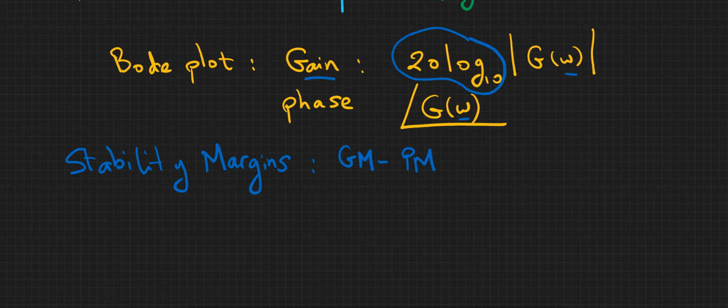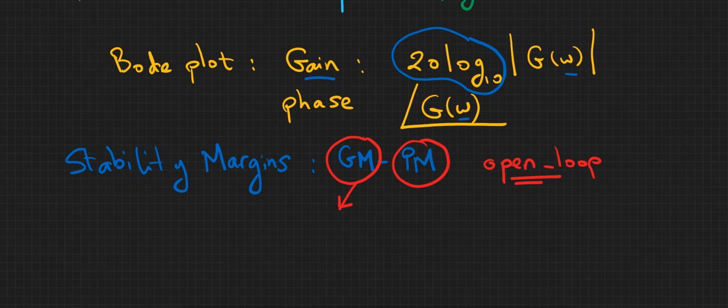But the important thing here is to understand how we can extract the gain margin and the phase margin from the open loop frequency response of our system. I'm stressing here that the gain margin and phase margin are extracted from the open loop frequency response of the system. So when we plot the Bode plot of the open loop response, we can extract both the gain margin and the phase margin.